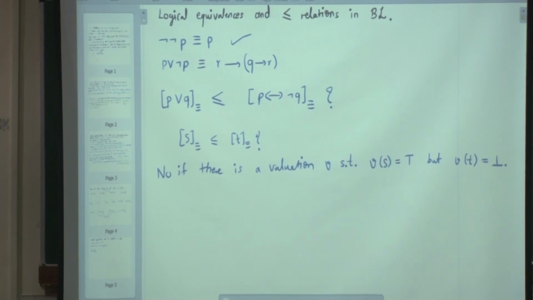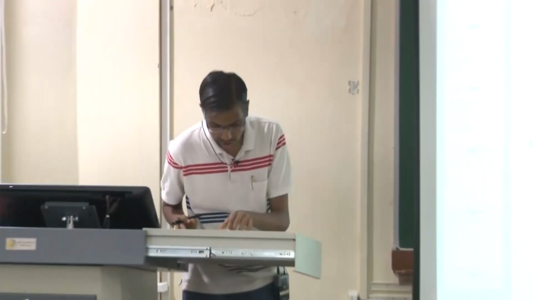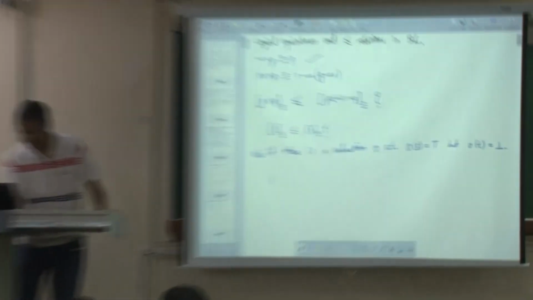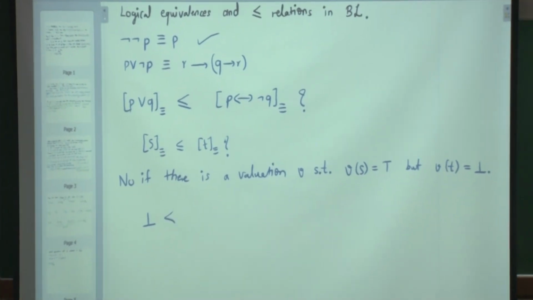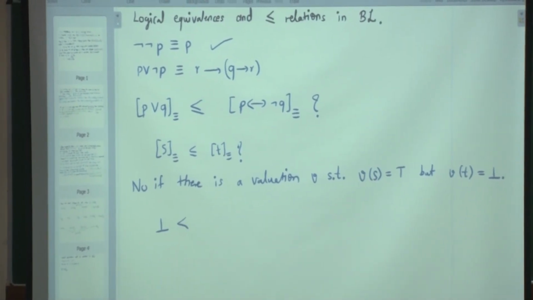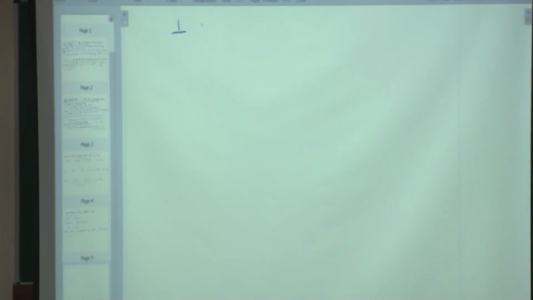Okay, I think the congruence relation question we have already done. And yesterday I tried to show this. In the atomless Boolean algebra case, I tried to show this. Maybe I should write on the next slide. So some non-contradiction formula was given, and then I was trying to show this.